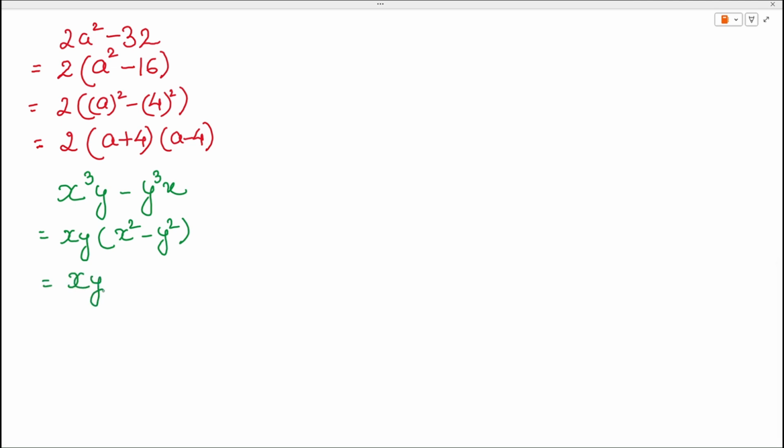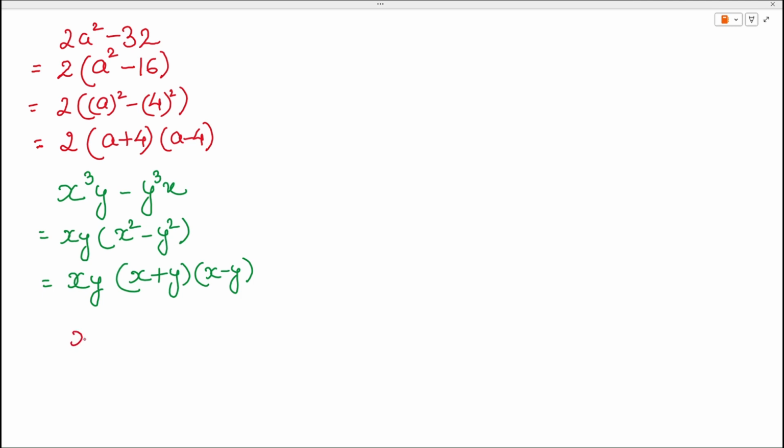So the common factor is written as such, and x square minus y square can be factored as x plus y times x minus y.